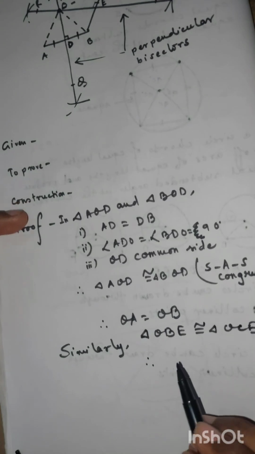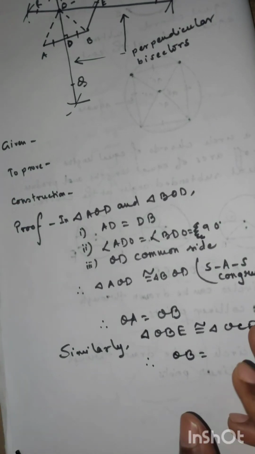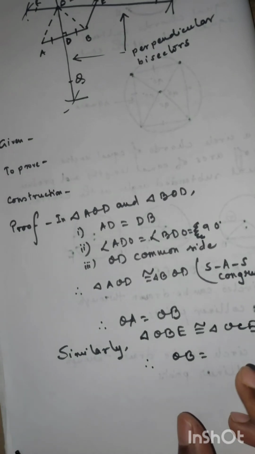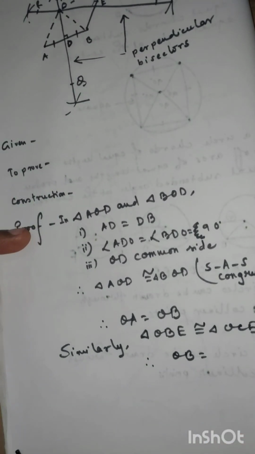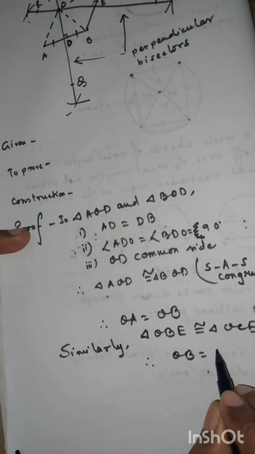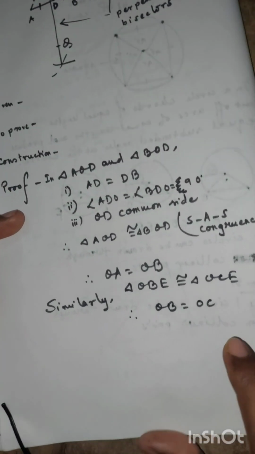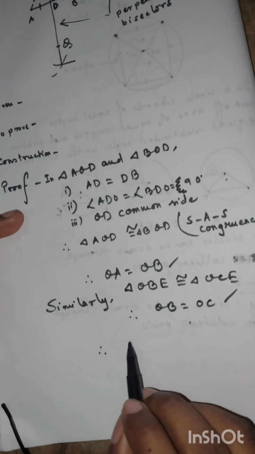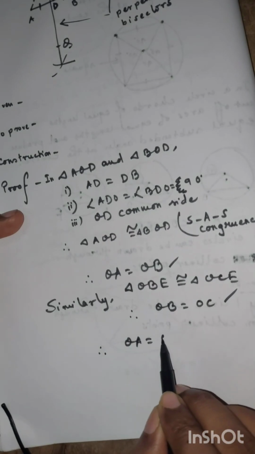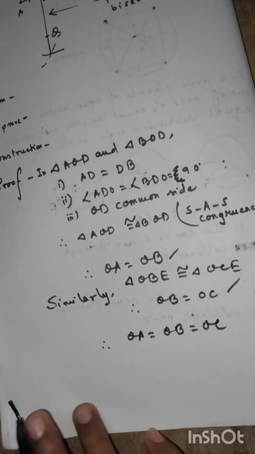Therefore OB equal to OC. So from these two conclusions we can say OA equal to OB equal to OC.